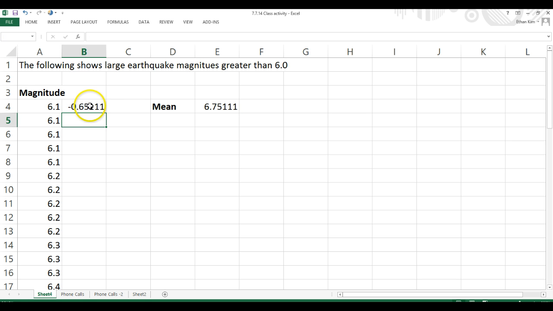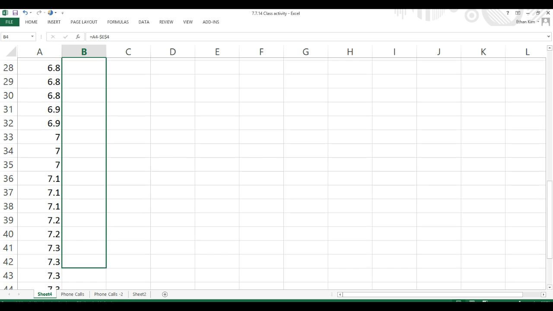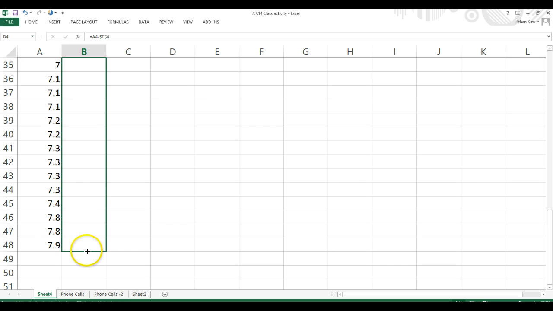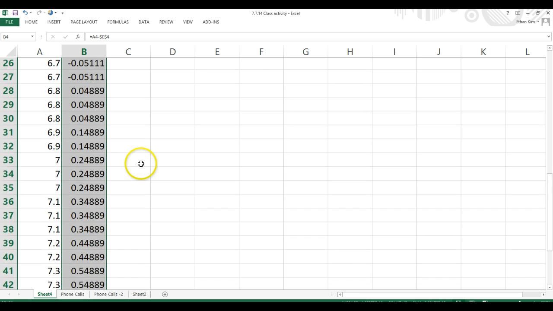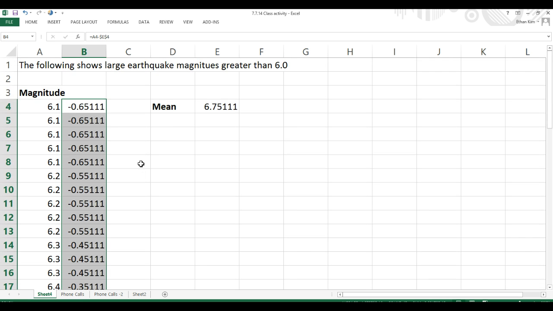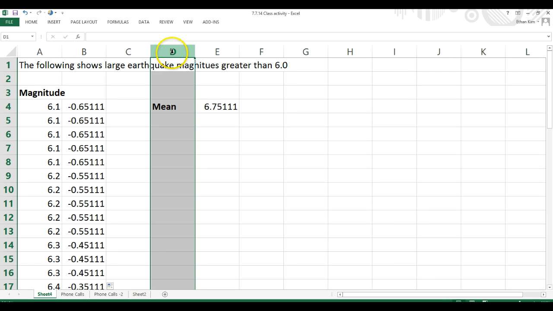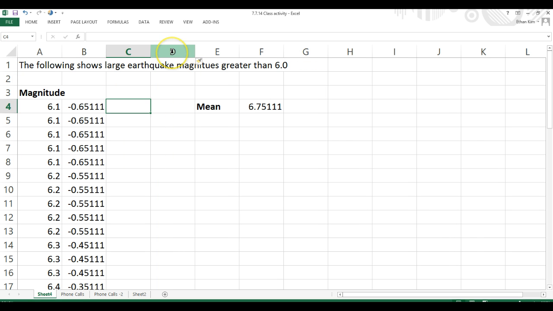And we're gonna drag this down all the way to 48, and we're gonna get these values, right? Actually, we might need another column, so let me add another column.